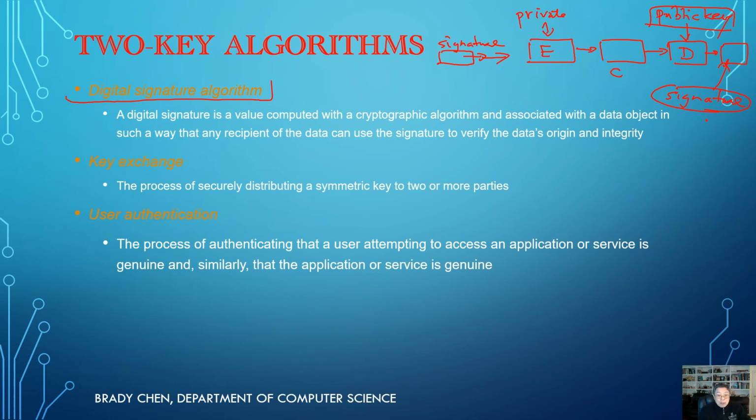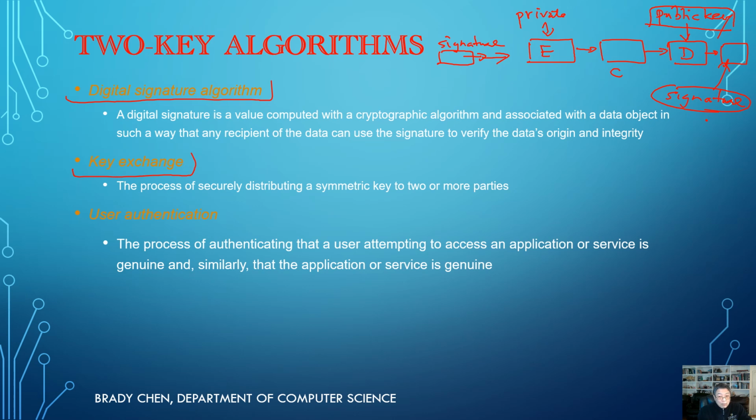Now another application is key exchange. Key exchange is the process of securely distributing the symmetric key to two or more parties. In that case, we use the asymmetric algorithms, the two key algorithms, to communicate the symmetric key used in a single key algorithm.